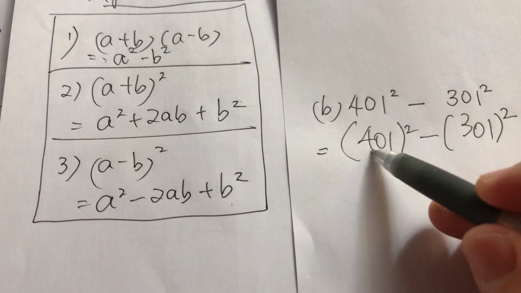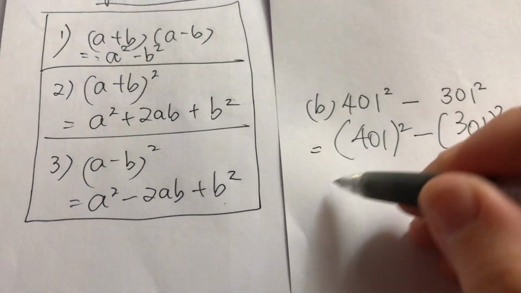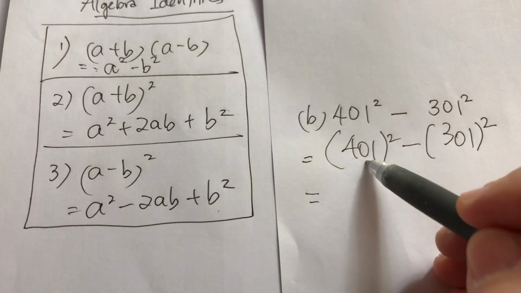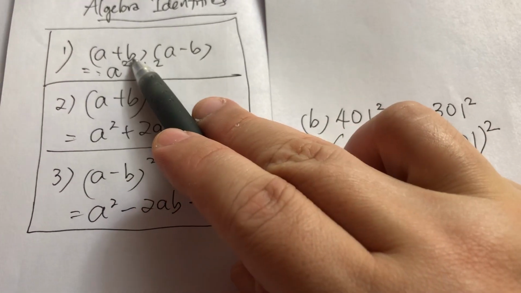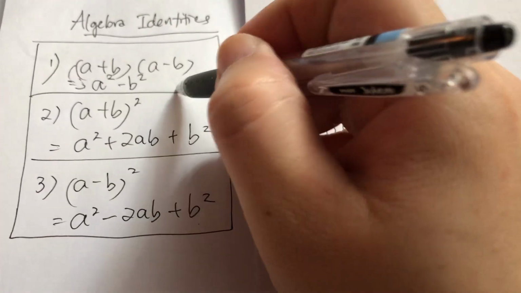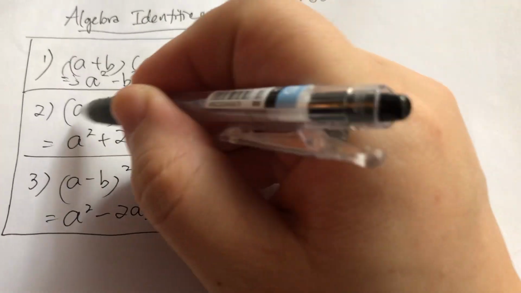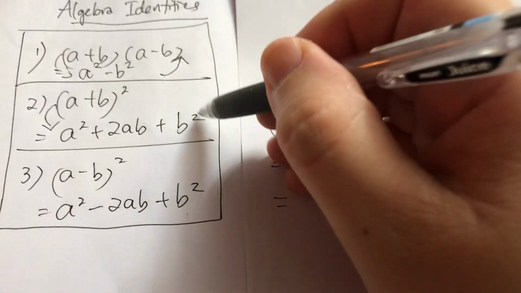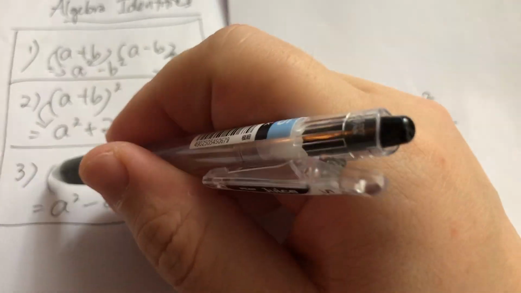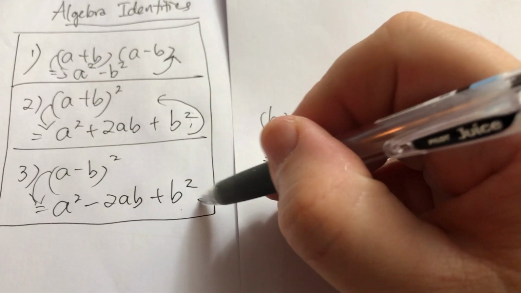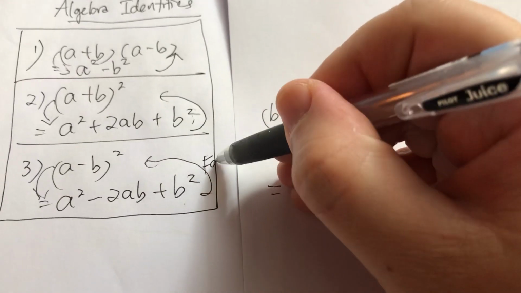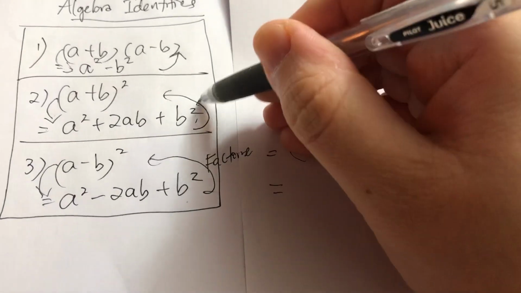And this is your A, this is your B, which means the result will be (A plus B)(A minus B). Right? You can either go this way or the other way when you apply identities. Either expand or factorize. This way is factorization.